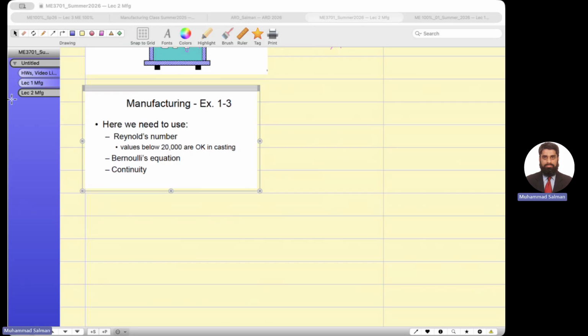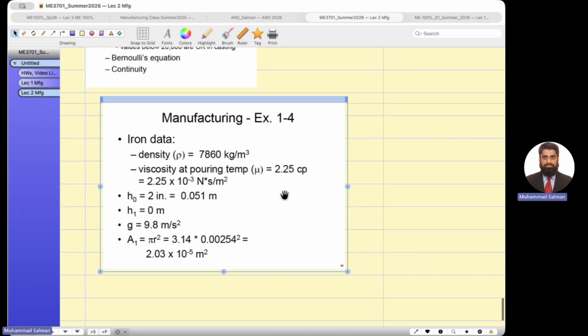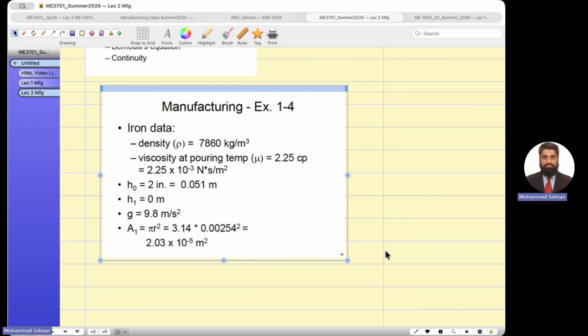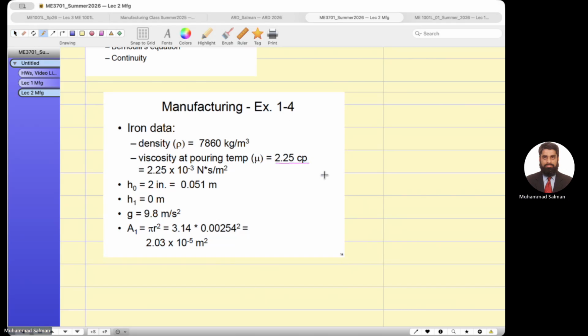Some of the data you can copy here. Iron has a density of 7,860, and the viscosity at the pouring temperature is in centipoise, which is equal to 2.25 times 10 to the power negative 3 Pascal second. 1 Pascal equals 1 Newton per meter square.